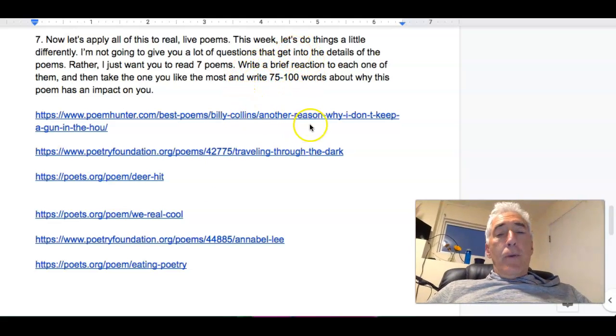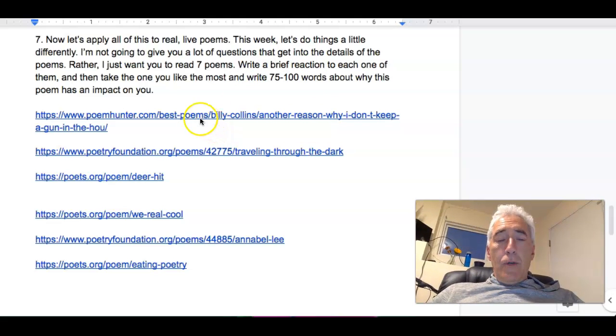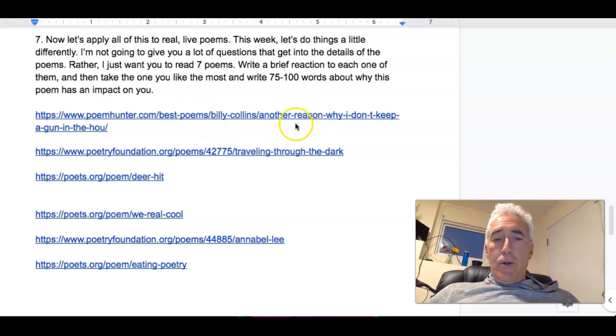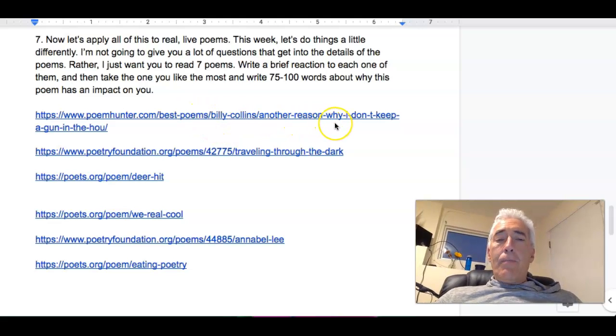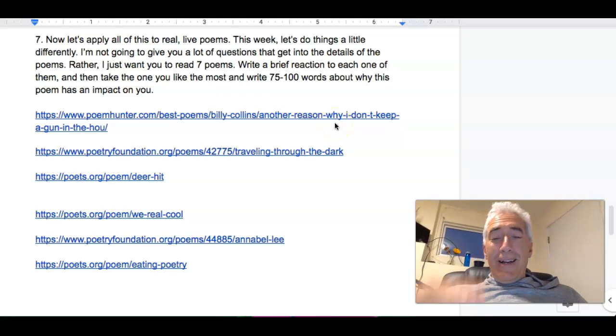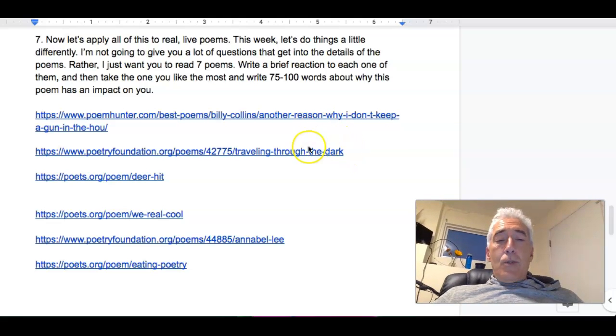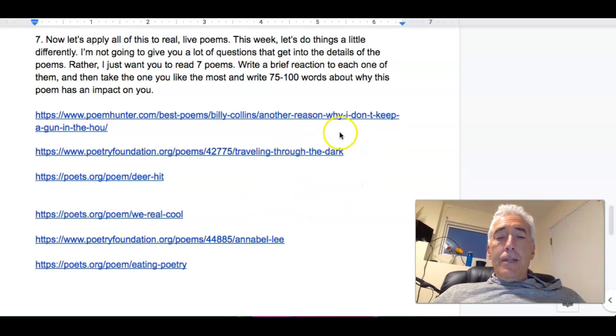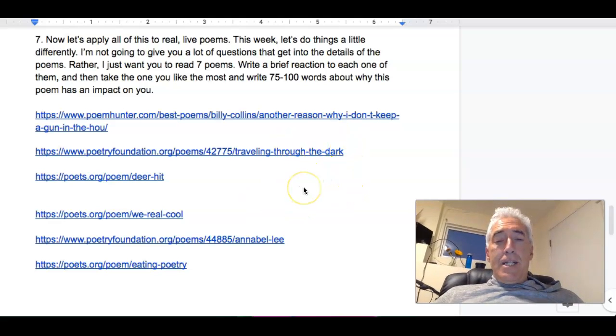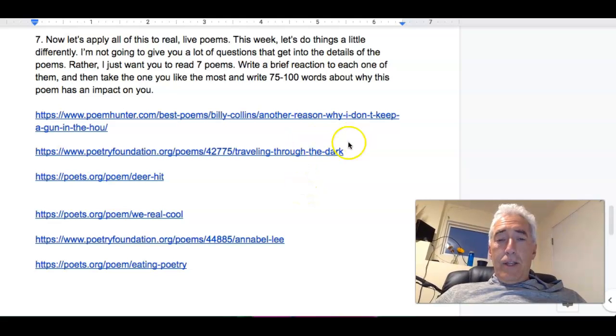So these are great poems here. If you take each of these links, it'll take you to one. This one, I think you'll like if you have a dog that's barking too much during this coronavirus. The next one, these two go together. These are both about deer that have been hit by cars. Take a look at those.